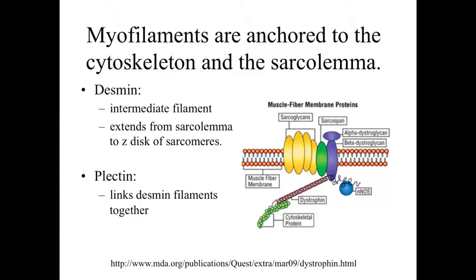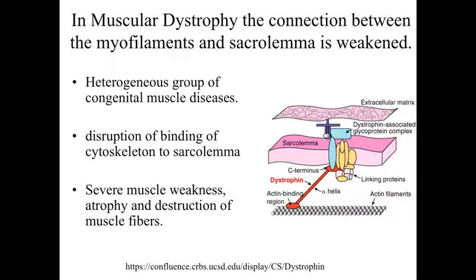And in doing so, they're going to anchor the sarcomeres, anchor these myofilaments to the membrane, so that when the sarcomeres contract, the myofilaments contract, they're going to pull on that membrane and it cause the entire muscle to shorten.